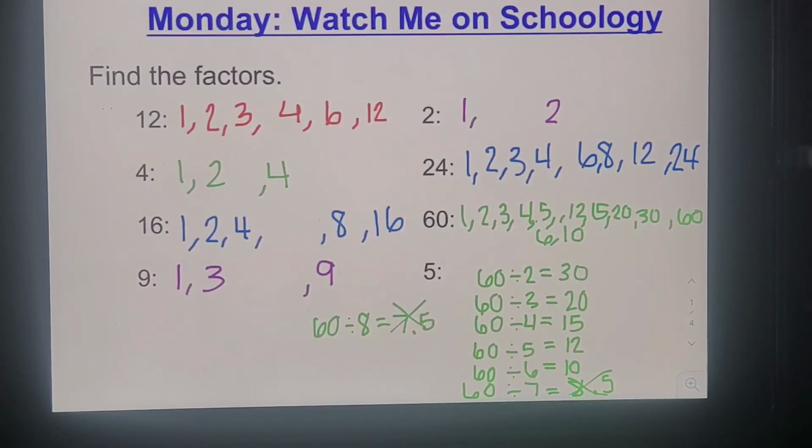Not good. 60 divided by 9 equals 6.6. Not good. 60 divided by 10 equals 6. So if we look, we have 6 and 10, so we are finished.